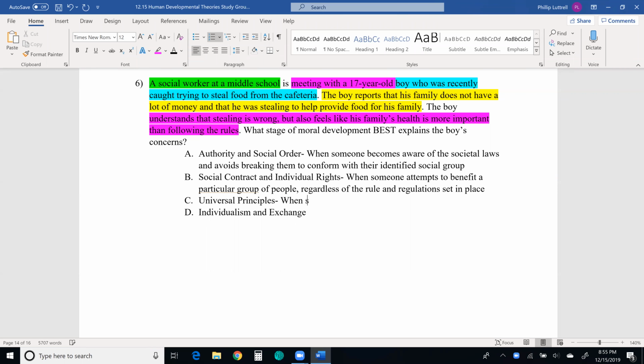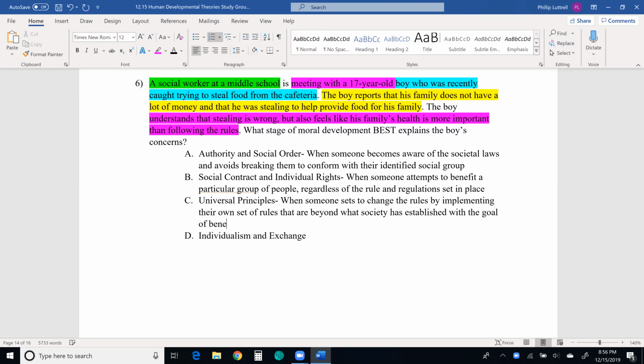Universal principles, when someone sets out to change the rules by implementing their own set of rules that are beyond what society has established, with the goal of benefiting the entire universe.